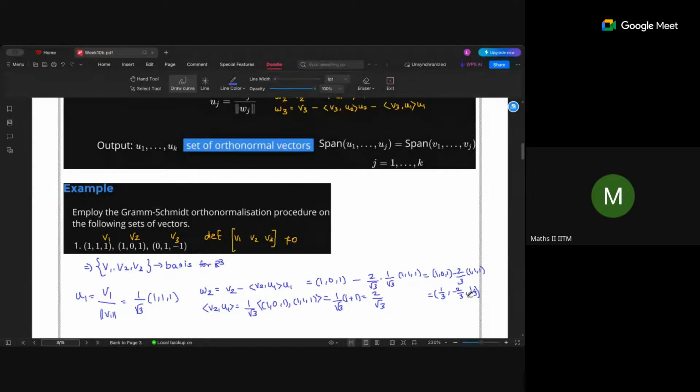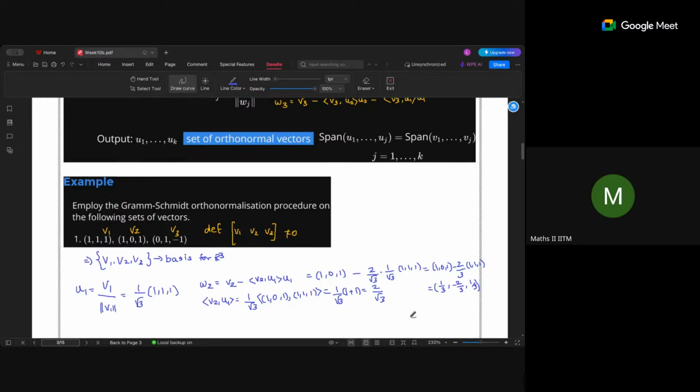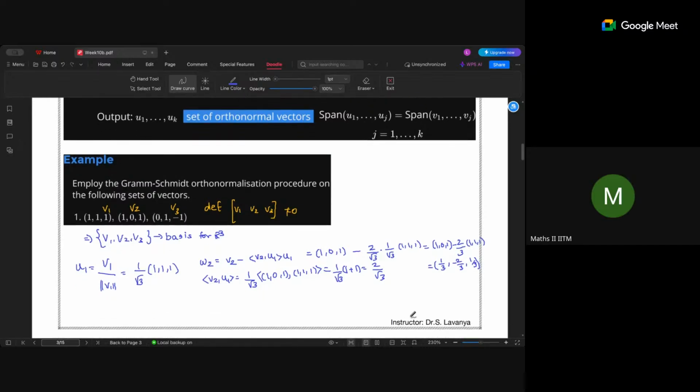Did I do any calculation error or is it correct? Is there any alternative method? No. This is the only method, and at least to my knowledge, this is the one we have always used.